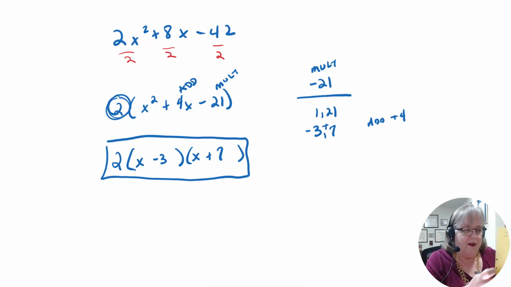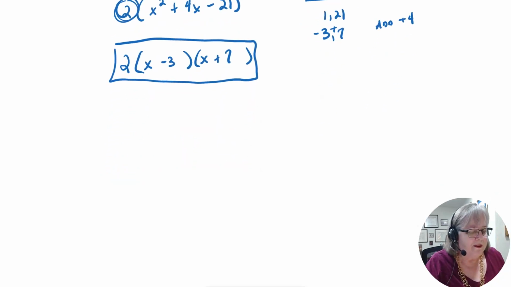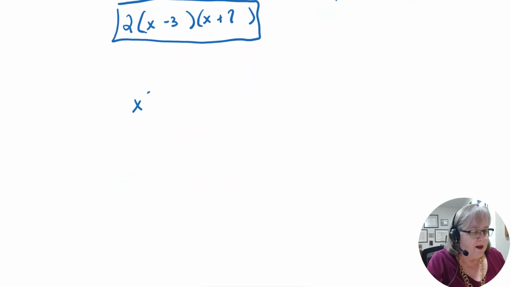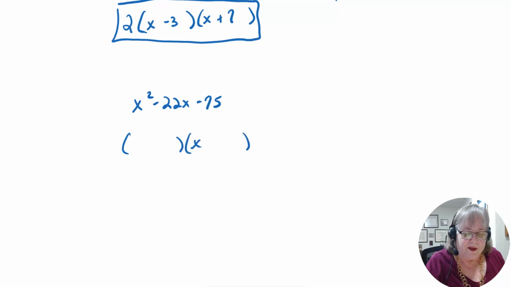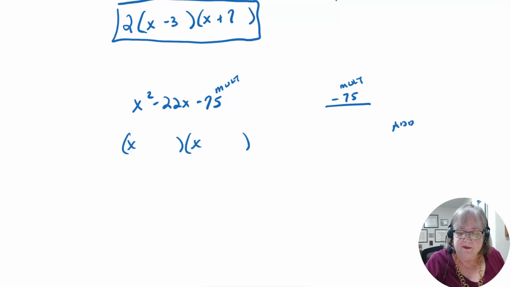Right. I think you're probably getting the hang of this. Let's try another one. So x squared minus 22x minus 75 has a lead coefficient of a 1. So you already know that there's an x here and an x there. And you would say what multiplies to negative 75 and adds to negative 22, right?